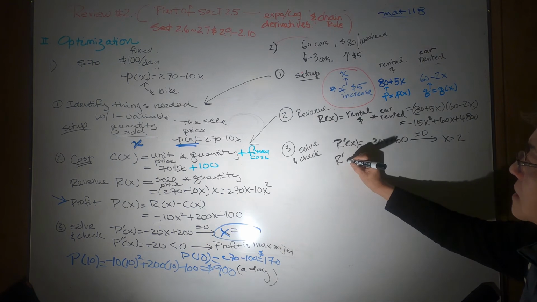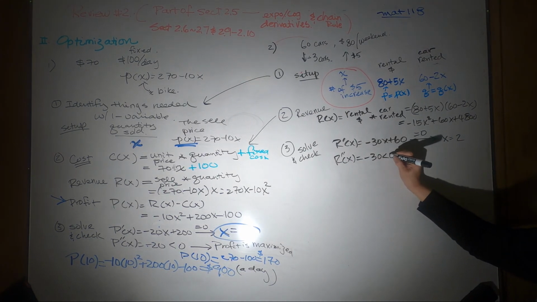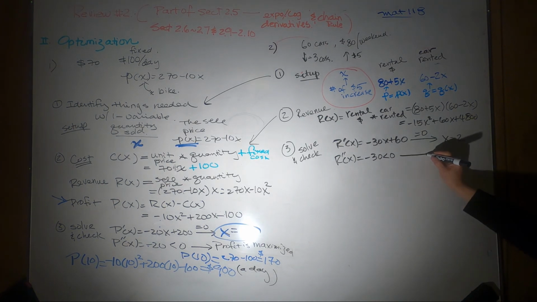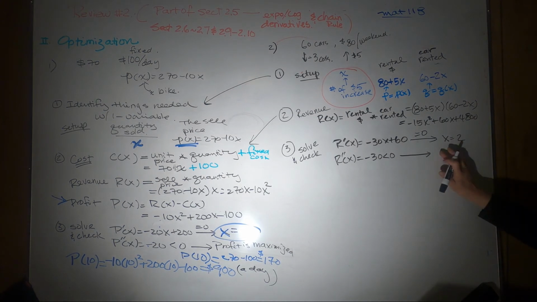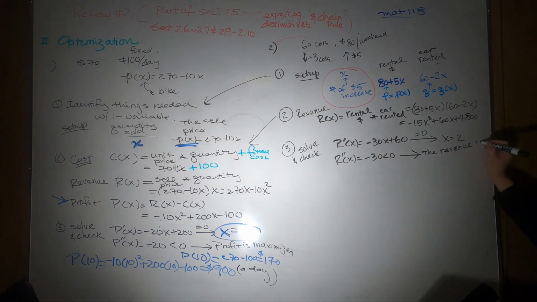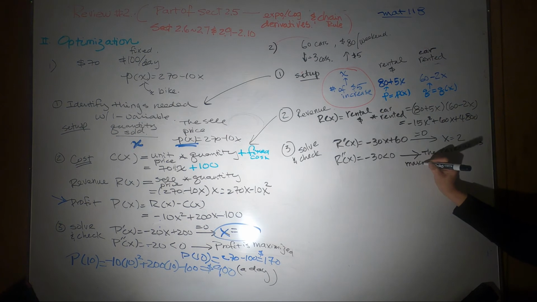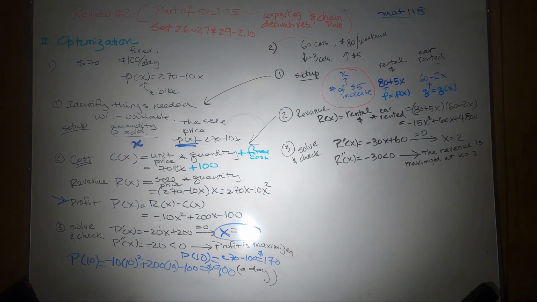Okay? You need to check. So you do the second derivative. This one is less than 0. That means the revenue is maximized. And at this point, x is 2.